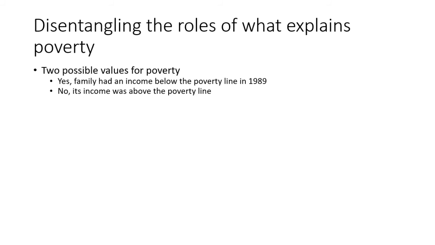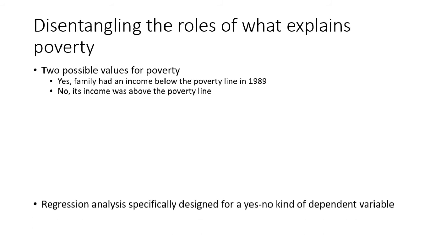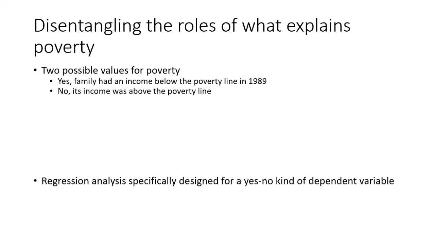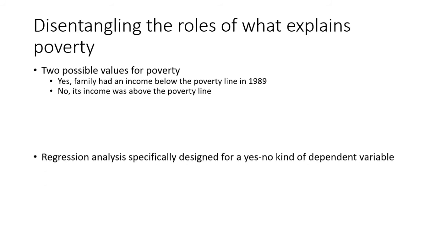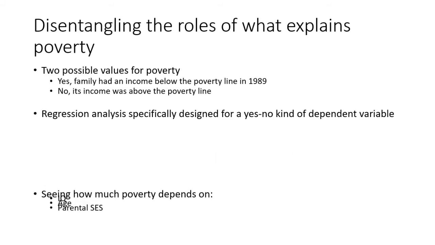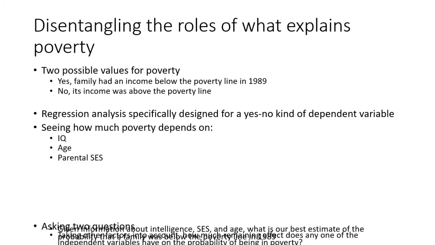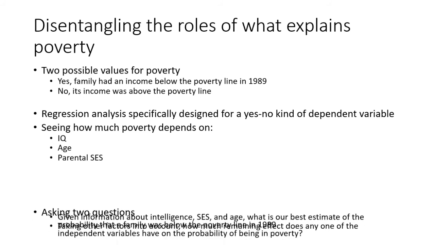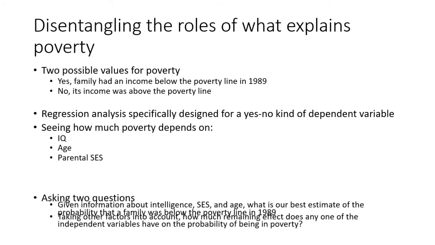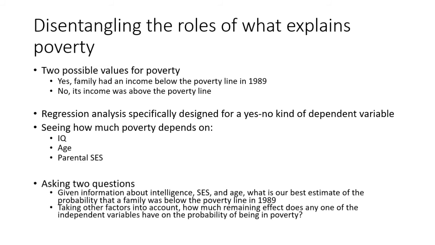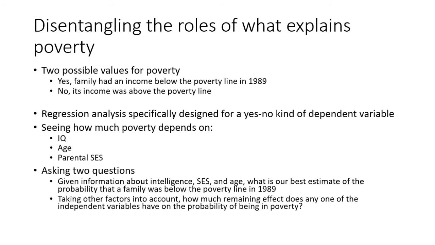Next, they're going to perform a regression analysis, and they want to see how much poverty depends on IQ, age, and parental socioeconomic status. And they're going to ask 2 questions here. 1, given the information about intelligence, socioeconomic status, and age, what is our best estimate of the probability that a family was below the poverty line in 1989?